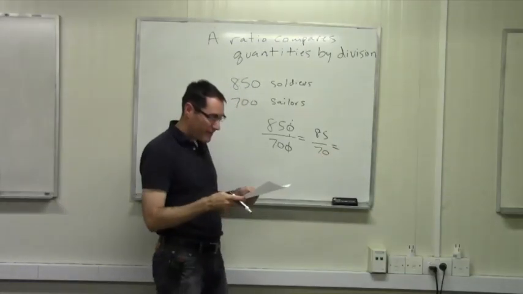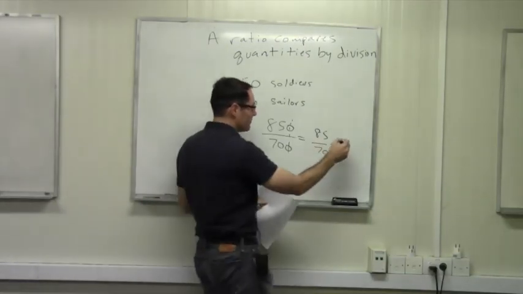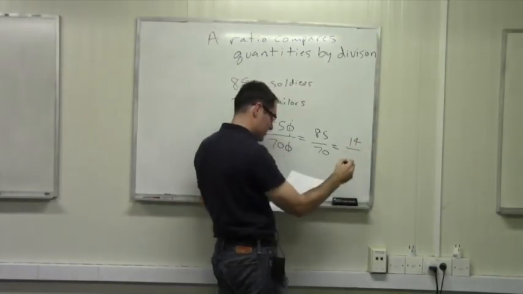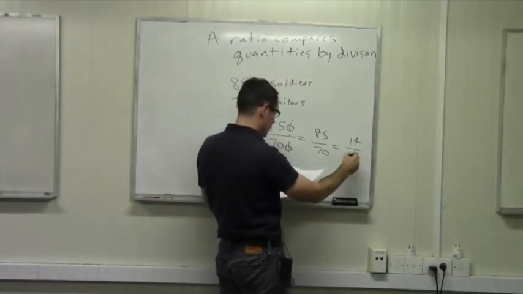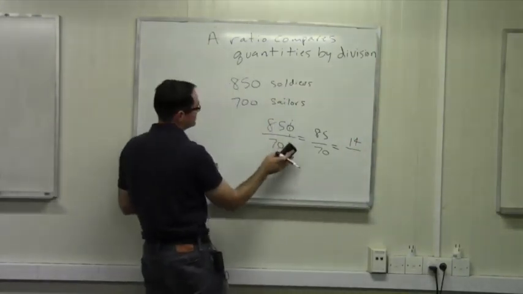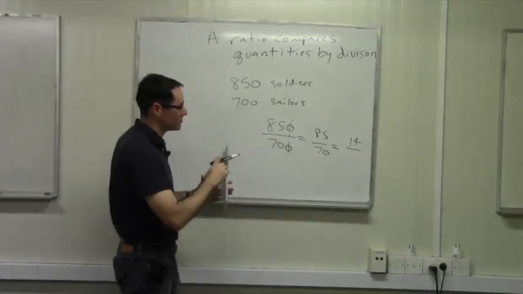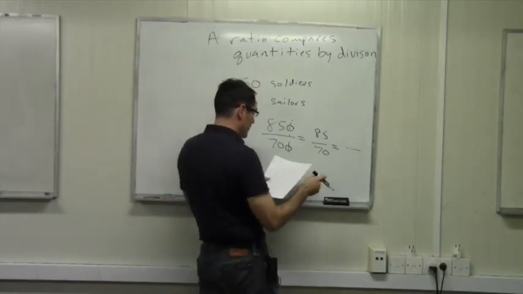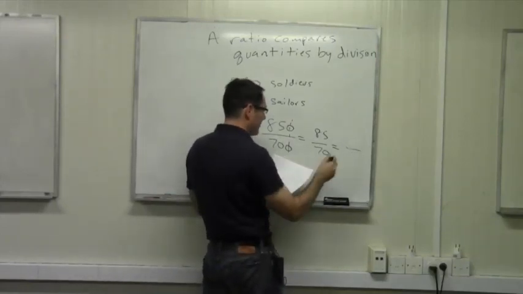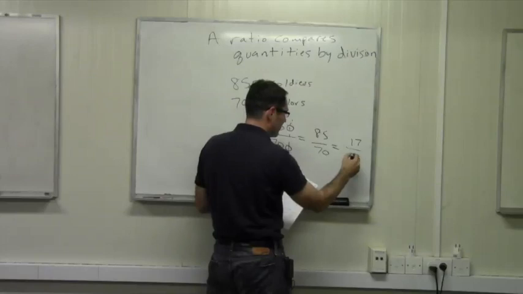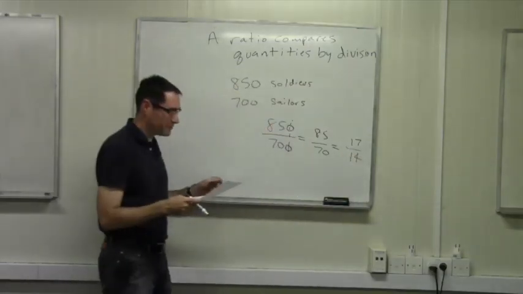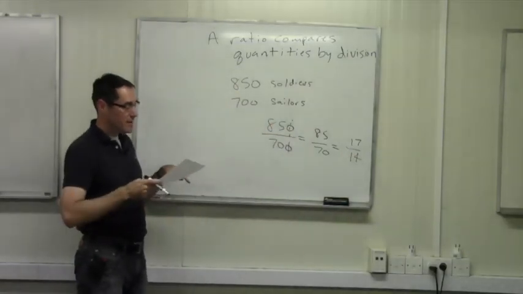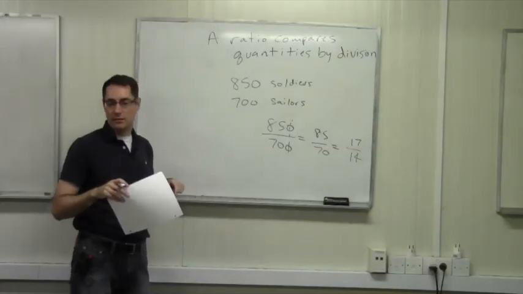Then 5 goes into 85, 17 times, and 5 goes into 70, 14 times. Actually, it doesn't matter which way you do it. 85 divided by 5 is 17. 70 divided by 5 is 14. The ratio of soldiers to sailors is 17 to 14.